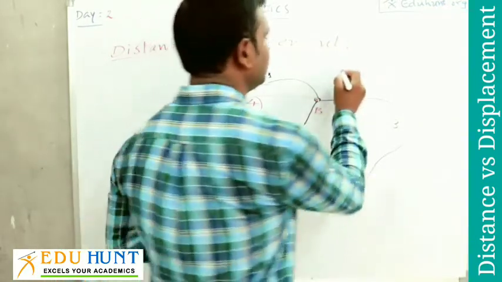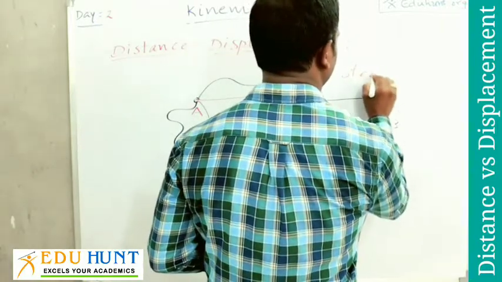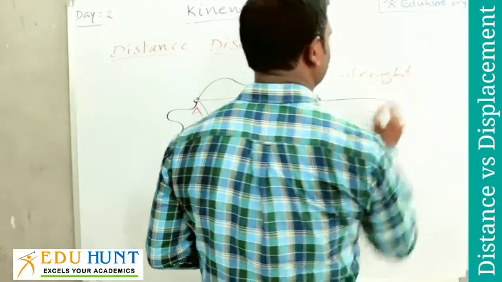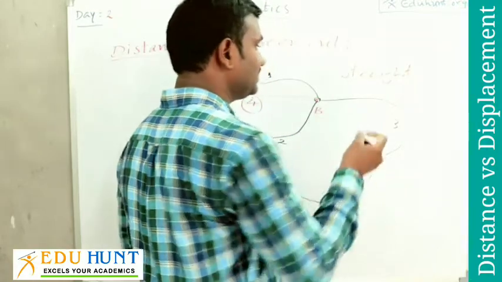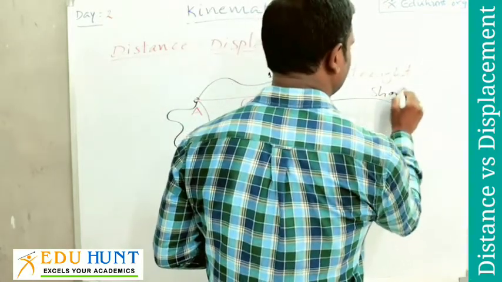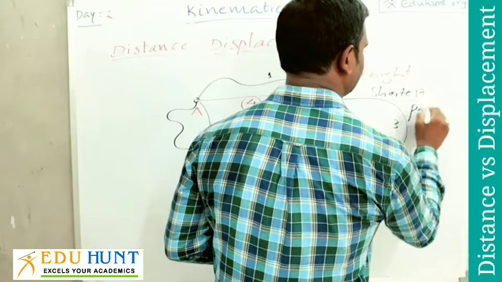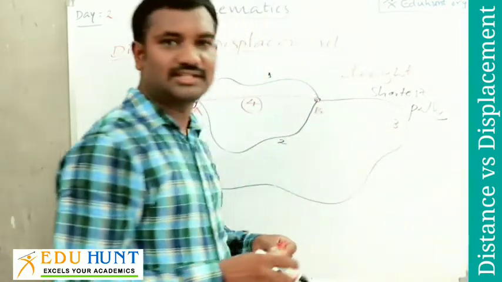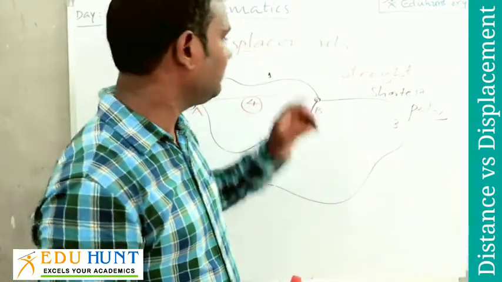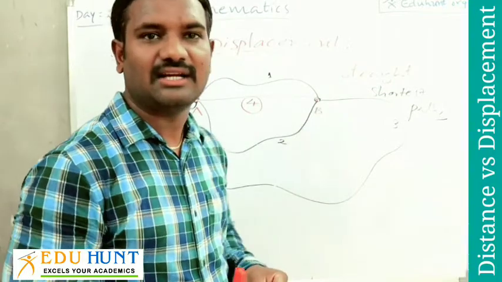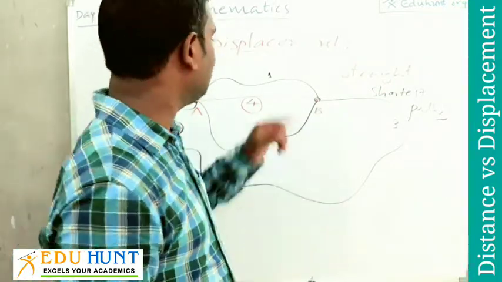Yes, it is a straight path, and it is the shortest path. That's why it is very, very special. The remaining are greater paths than 4.